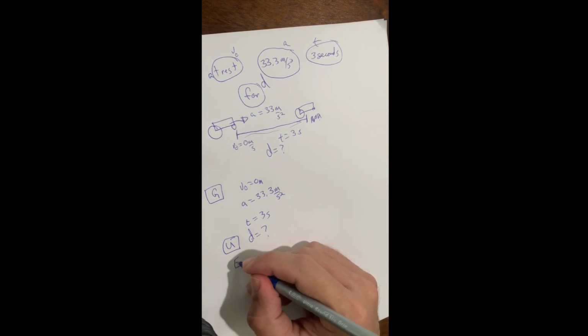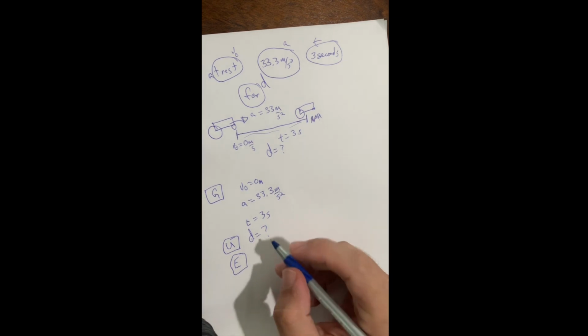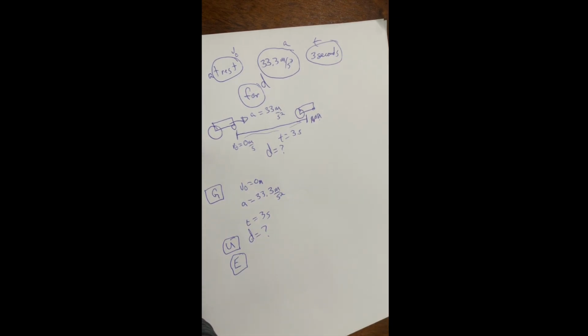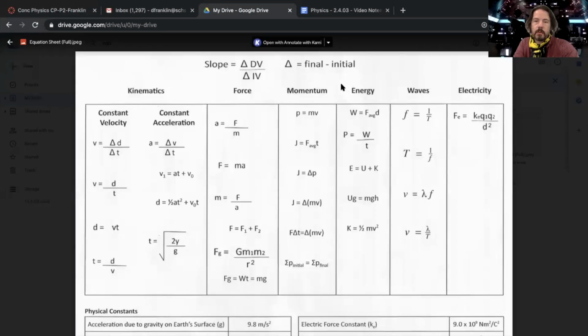And now I'm going to write my equation. My equation is going to be from the equation sheet. This one right here. How do I know it's that one? Because I'm looking for D equals. So we have two D equals. We have D equals here, and we have D equals here. Well, both of them I have velocity and I have time.